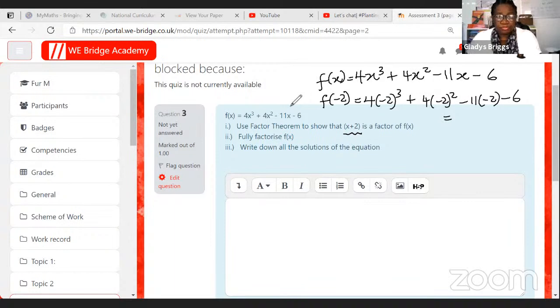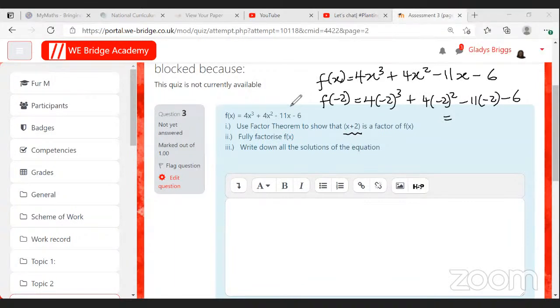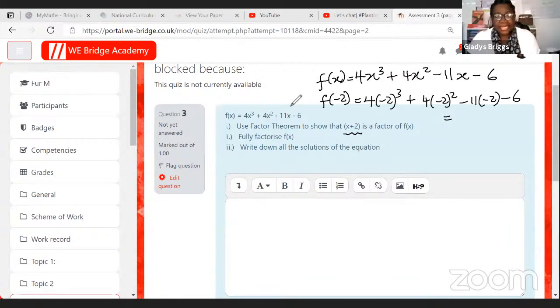Yes, it's going to be f of minus 2 equals 0. Excellent. So once it is equal to 0, then you have confirmed that it is a factor indeed, and minus 2 is a root. So what you want to do now is to factorize it using division to find the other factors, okay?